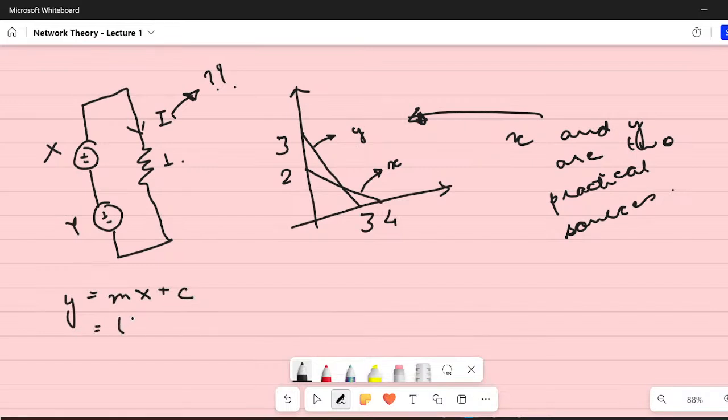How would you define the slope? It is 3 minus 0 upon 0 minus 3, times x, plus the constant, the y-intercept, which would be 3. So your equation becomes y equals minus 1 times x plus 3.